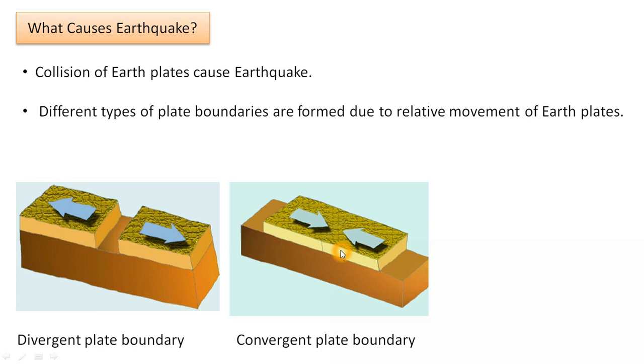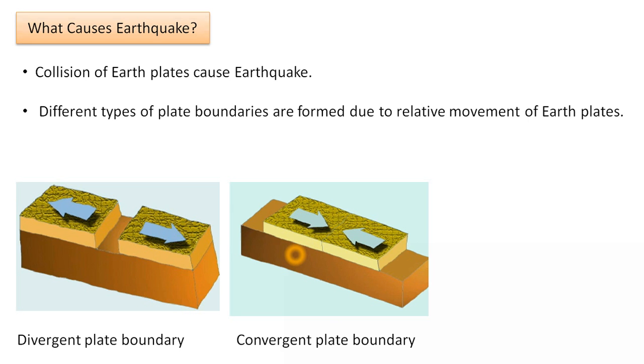So it can occur at continent to continent boundaries. When two continents are separated by an ocean basin, and this kind of collision takes place, it can result in closure of the ocean basin, and this can result in intense earthquakes.